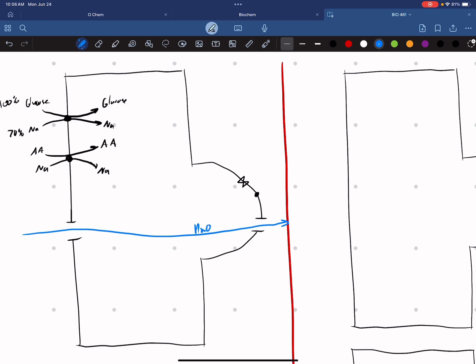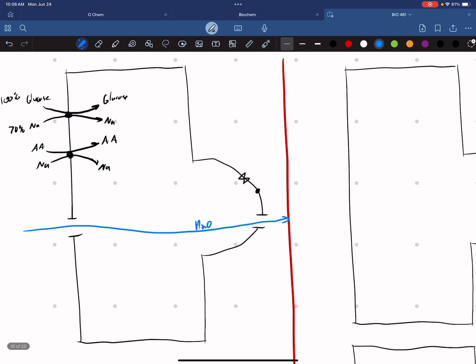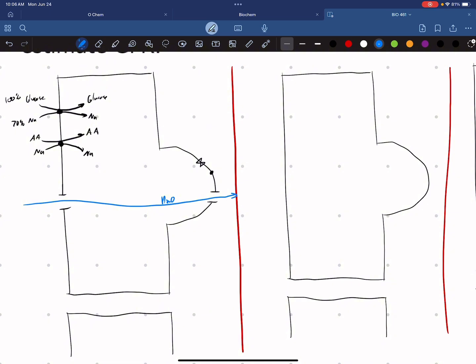So this is our water. And also what we have here is a passage in between 2 cells that is open that water can also pass through. What we have that is being brought in as well with this water is calcium and potassium that is also being brought through back into the blood, which is what we call drag.